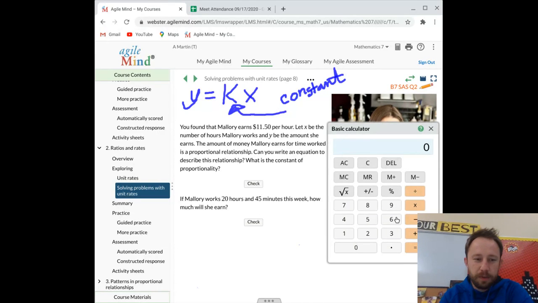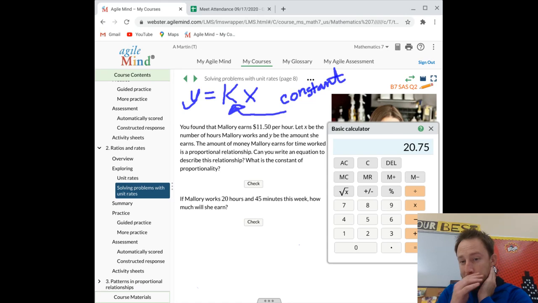All right, so everything that Angel told us to do is 100% correct. She said that we are going to take the time that she worked, which was 20 hours and 45 minutes, because she said that there are 60 minutes in an hour. And if you break up an hour into 15-minute sections, that's 1/4 of an hour for every 15 minutes. So that means that there's 3/4 of an hour for 45 minutes.